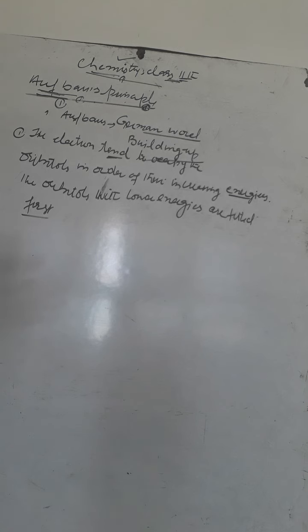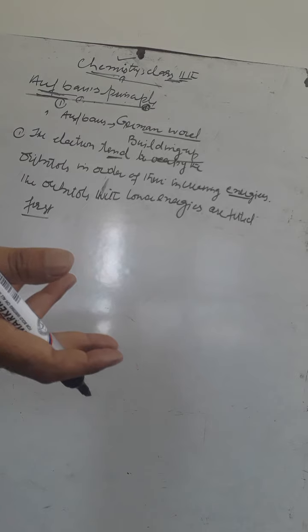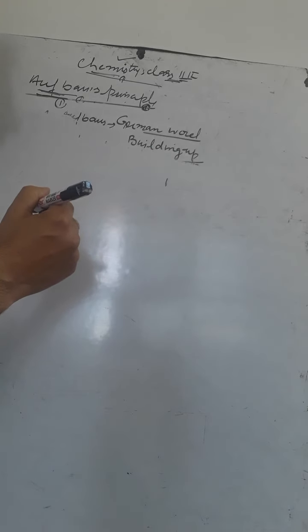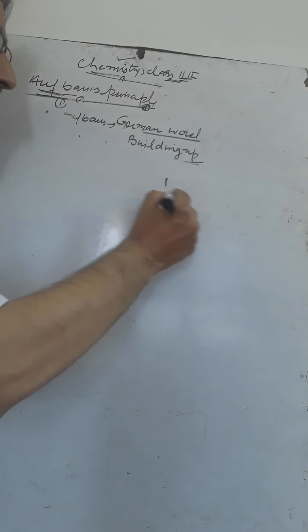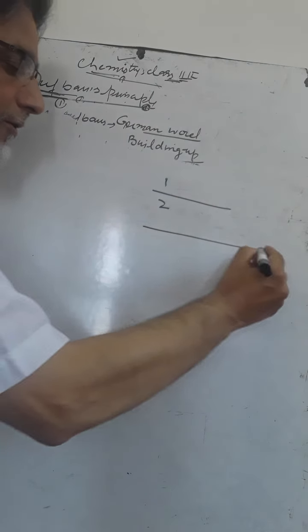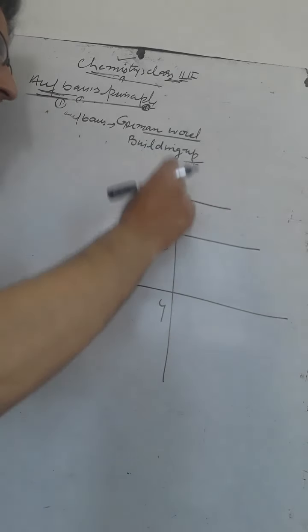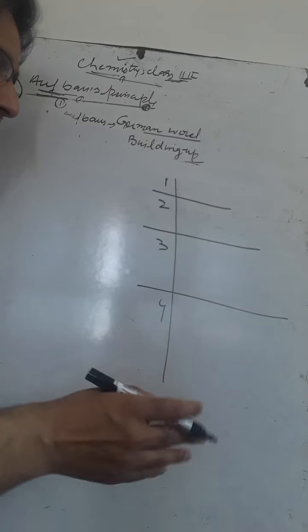Now, keep this in your mind, that we are going to fill the orbitals with electrons, and those get filled in order of their increasing energies. As we commonly use to explain to students about the orbitals, we have first shell, second shell, third shell, fourth shell, and so on.